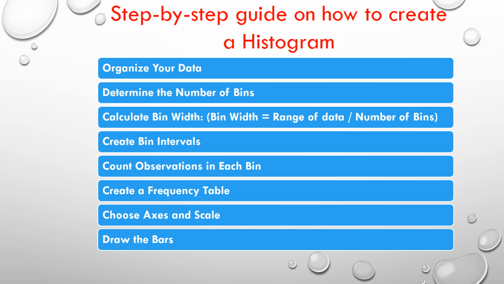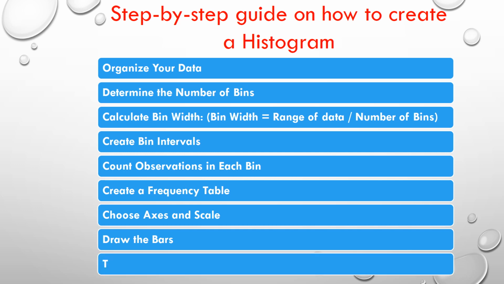The height of each bar corresponds to the frequency of that bin. If your data is continuous, the bars are connected, creating a smooth histogram. Then provide title and label. Provide a title for your histogram that reflects the variable you are analyzing. Label the axis with the variable names and units.